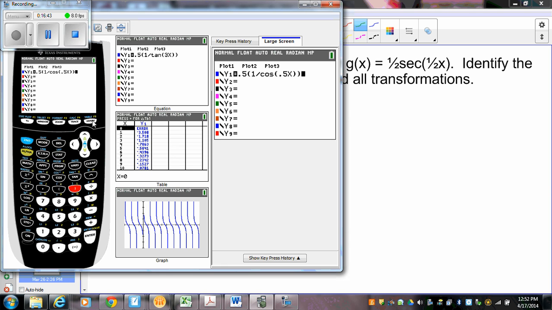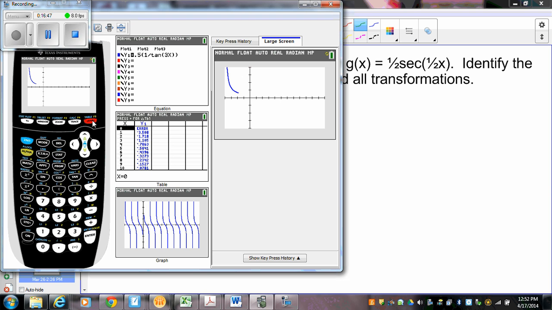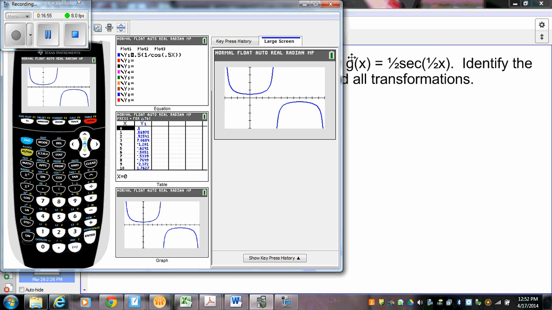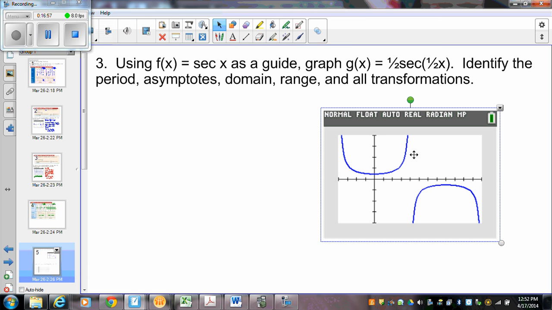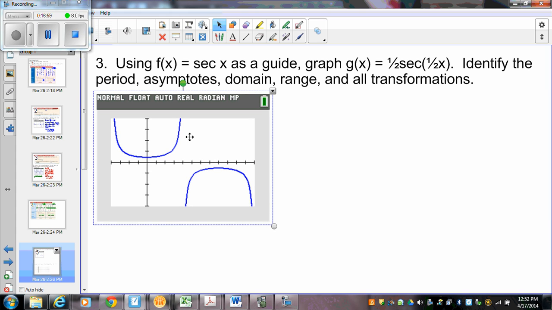Our window is still set from what we had before. So you're going to hit graph. So this is the graph, hopefully, that you end up with.